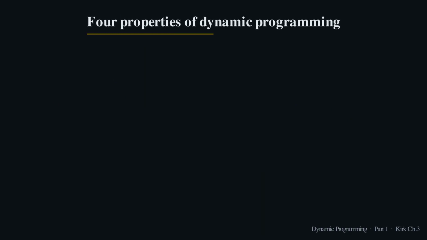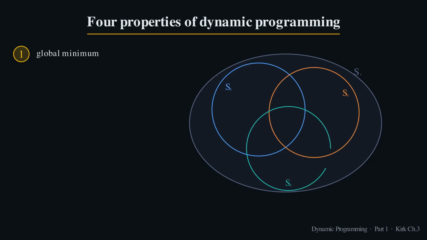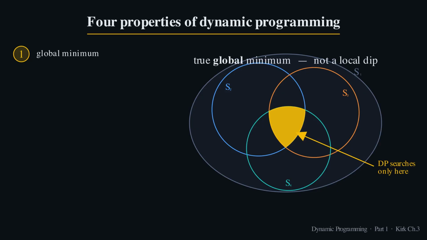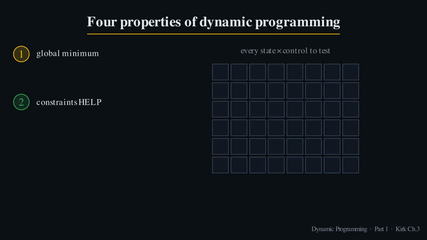Four things are worth knowing about what we just built. 1. The answer is the true global minimum, genuinely the cheapest plan, not a local dip. Direct search guarantees that, and the principle of optimality is what keeps the search small enough to finish. 2. And it's counterintuitive. Constraints help.